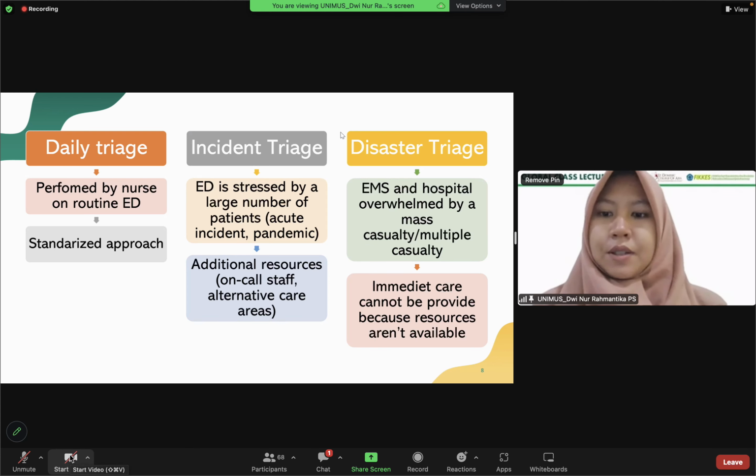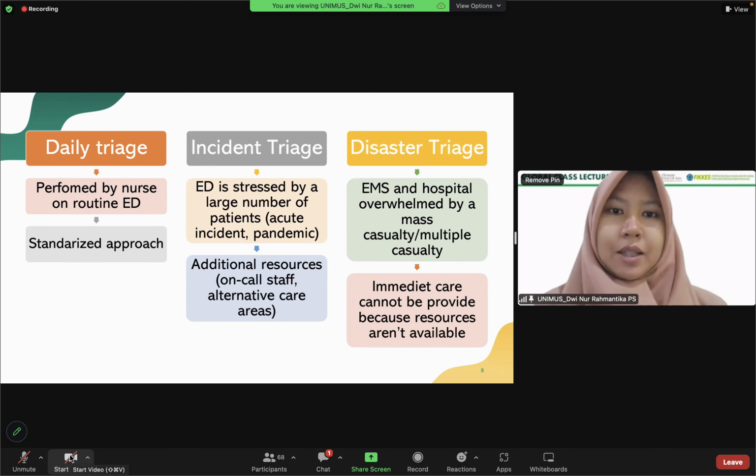But for disaster, we think not only about the condition, but we make sure that this patient has a higher possibility to live.